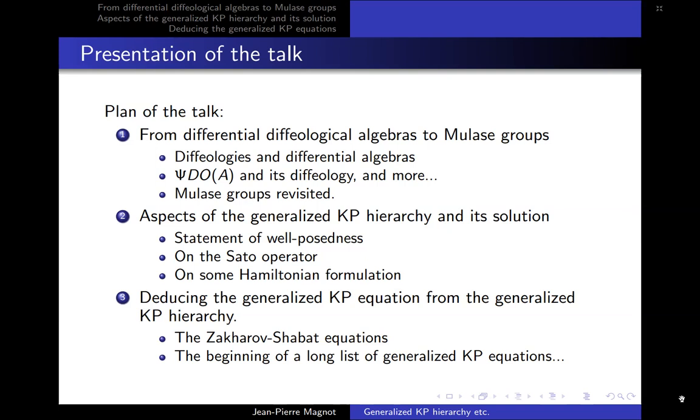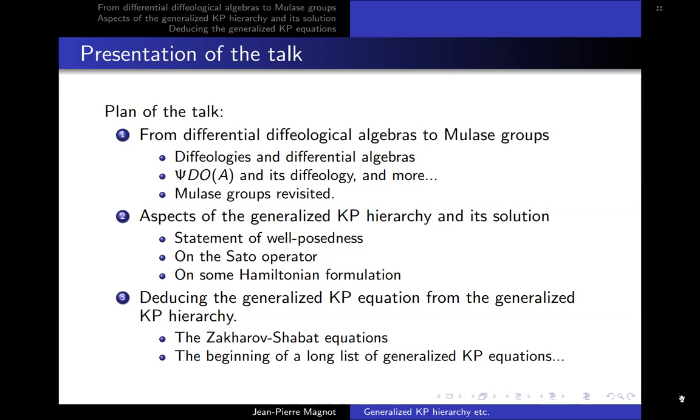So it is the first part of this talk, where I start from the very basics on diffeologies, and I construct diffeologies on the groups defined by Mulase in order to construct the solution of the KP hierarchy.